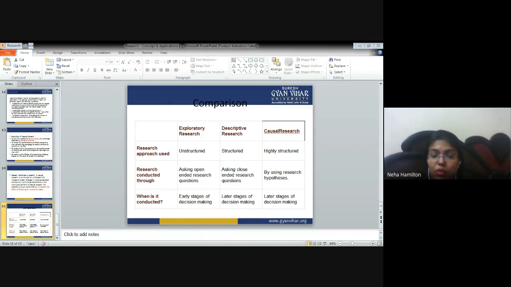Okay. Now this table is very important, and this table presents a comparison of the three kinds of research that we have been talking about. The first kind of research is exploratory, then we have descriptive, then we have causal research.